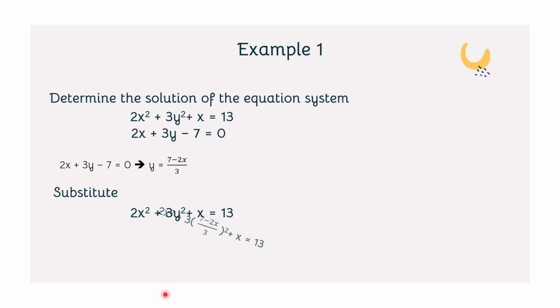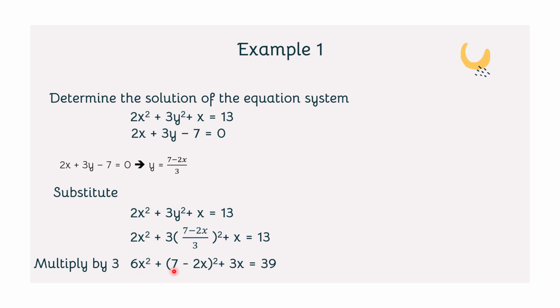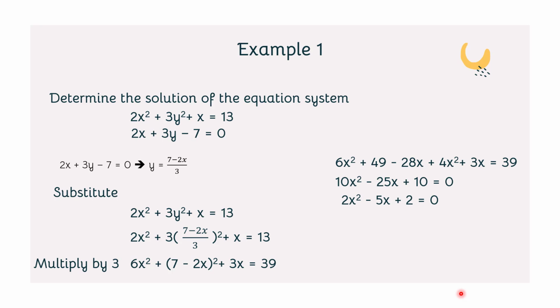Here, the y value is (7 minus 2x) over 3. So we can simplify. We multiply by 3 to eliminate the fraction. Here the fraction has denominator 9 multiplied by 3, so to eliminate this 3, we will have 6x squared plus 7 minus 2x squared plus 3x equals 39. After simplifying this equation, we have 2x squared minus 5x plus 2 equals 0.